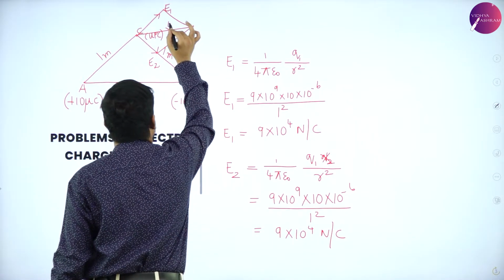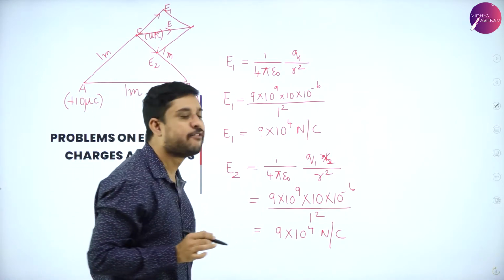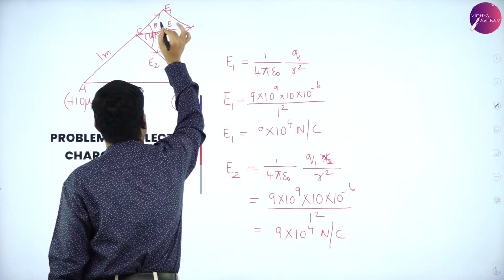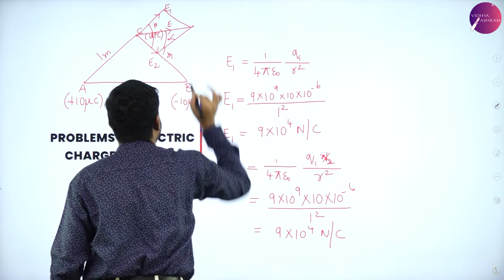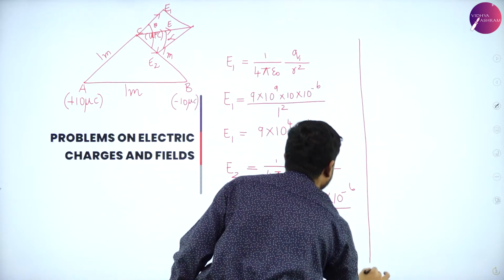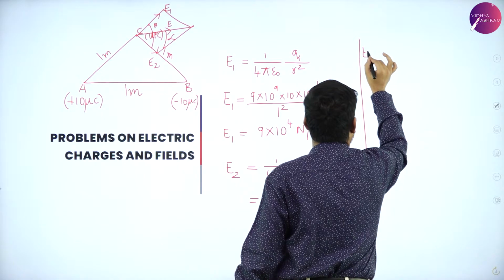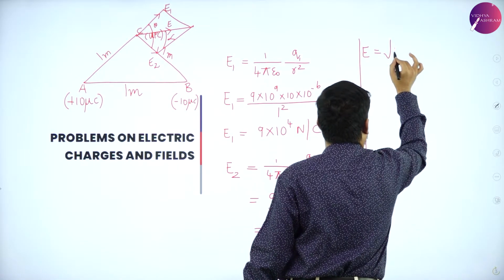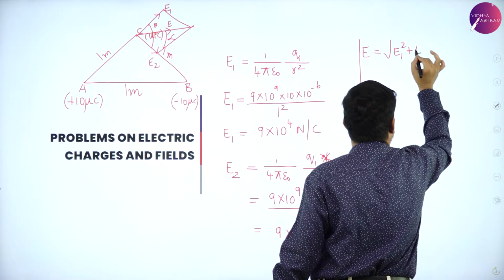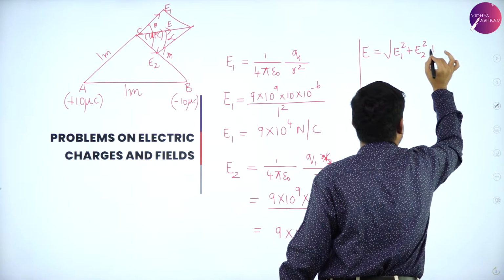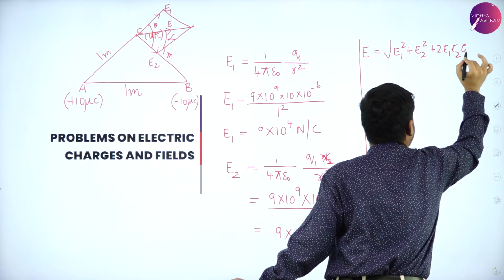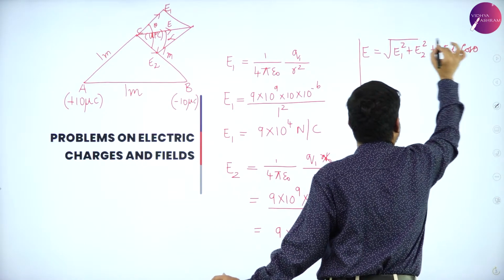The diagonal of the parallelogram will give me the resultant. So this angle is theta, this angle is alpha. So the expression for resultant E is root of E1 square plus E2 square plus 2 E1 E2 cos theta.